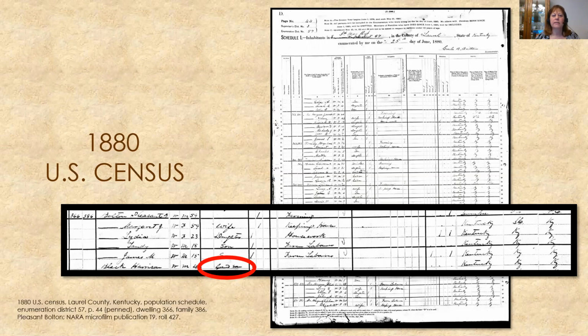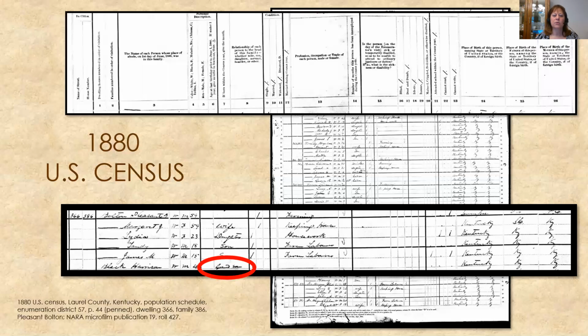This information suggests that one of Pleasant's daughters may have married a man with the surname of Black. Searching marriage records in Laurel and surrounding counties may provide evidence to support this hypothesis.